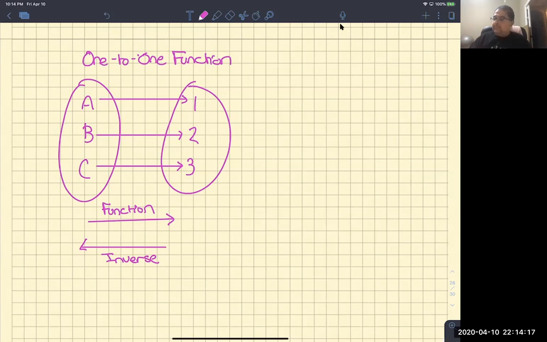Now, this characteristic is important. If we notice the graph of our exponential and logarithmic functions, they not only pass the vertical line test because they're functions, but they also pass the horizontal line test as well. And that's why exponentials have an inverse function, and that inverse function is a logarithm function.